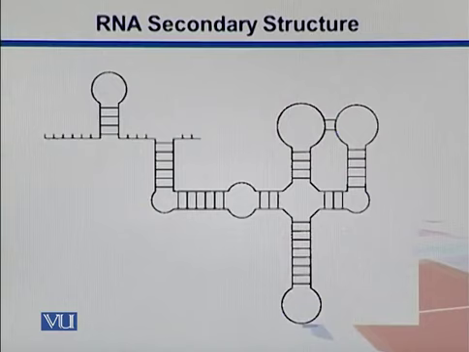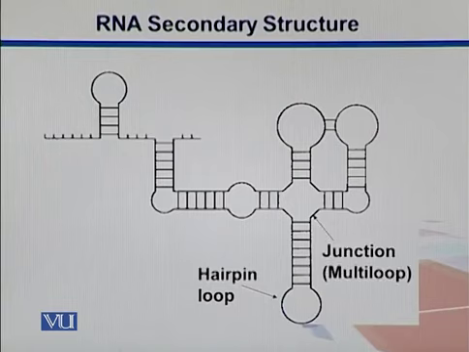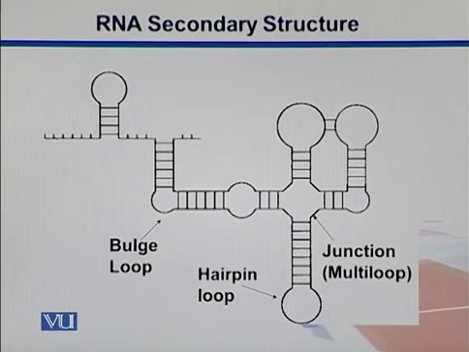In this diagram we can see different secondary structure shapes or patterns. For example, we can see a hairpin, where a loop-like thing comes, so it's a hairpin loop. We can have a junction where we see multi-loops, so they make up junctions. We see this structure in the middle. Bulges are where on one side there was pairing, but on the other side there were nucleotides which were not paired, so they move out in the shape of a bulge.